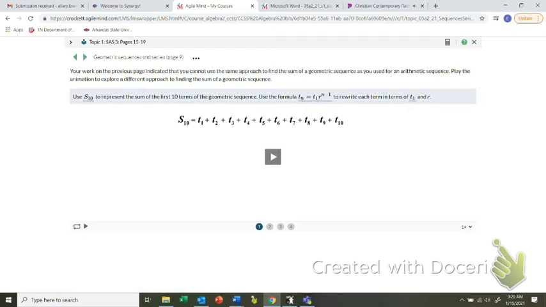Okay. Number 5 says, calculate the total revenue the drama club can expect to earn from 10 nights of the performance. Okay.